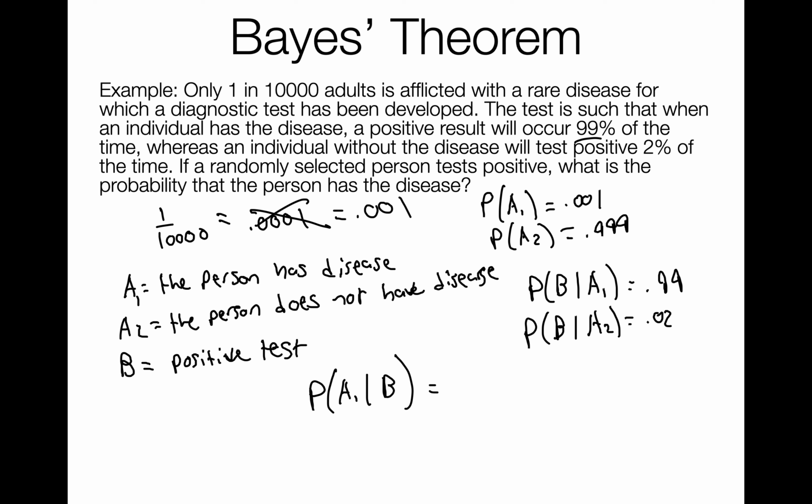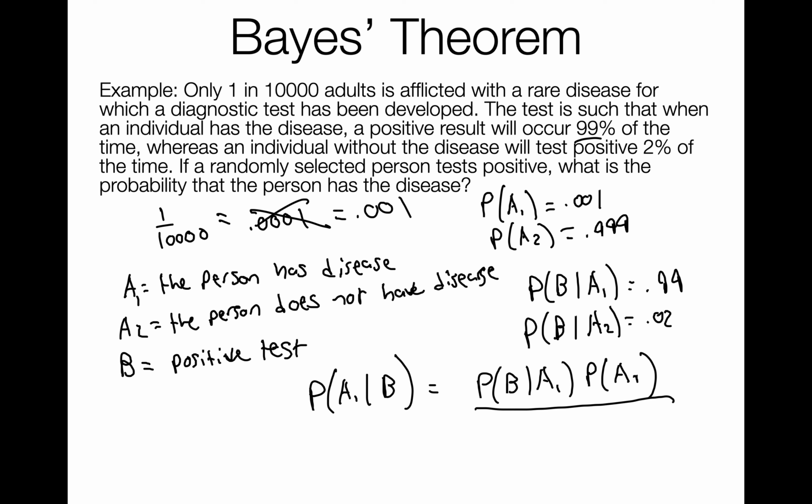The top part is going to be the flip of the conditioning. So I want the probability that B happens given A1 times the probability of A1, general multiplication rule, okay? And then in the bottom, I need to add up everything. I just need the probability of B happening by itself.